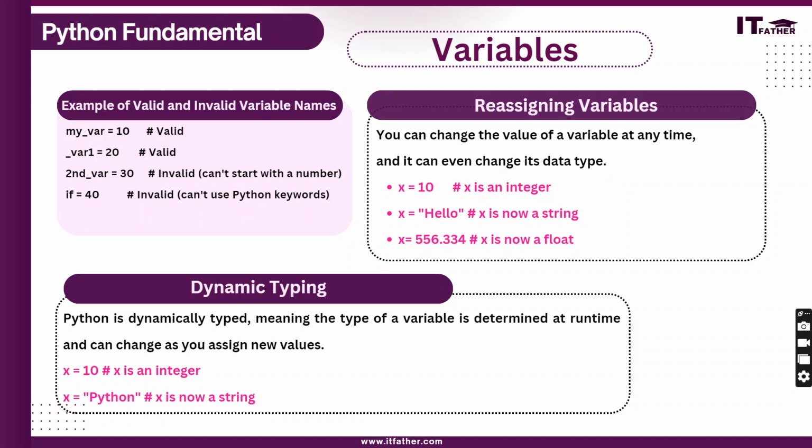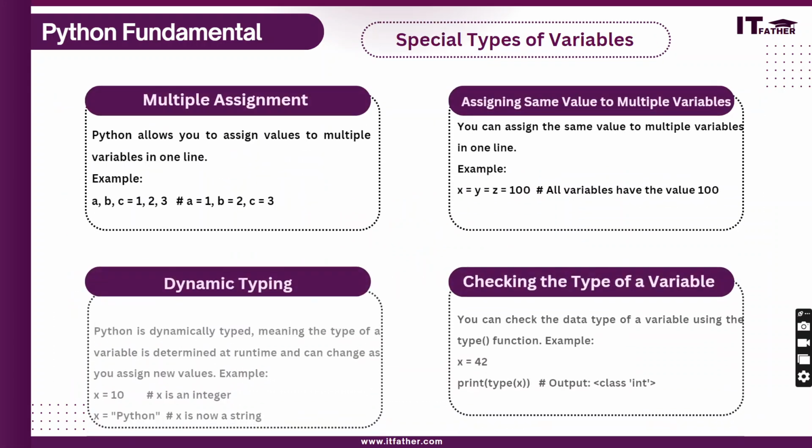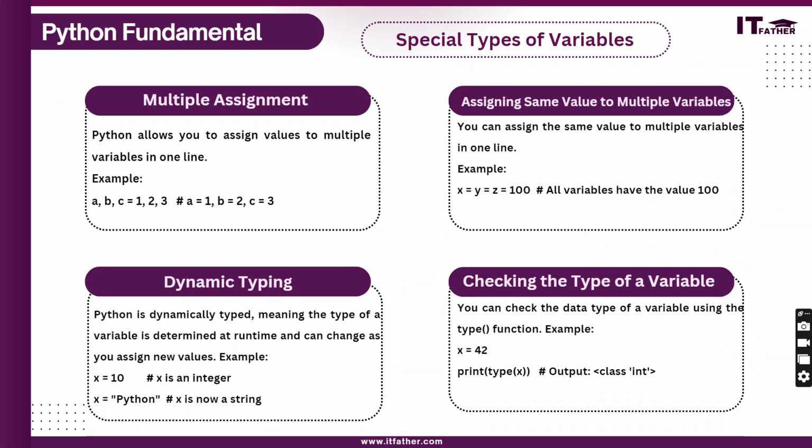Now we have understood about dynamic typing. Some more features are there with variables: multiple assignments, assigning the same value to multiple variables, and checking the type of variables. First of all, let us understand what multiple assignment is. This feature of multiple assignment is not available in many other programming languages.